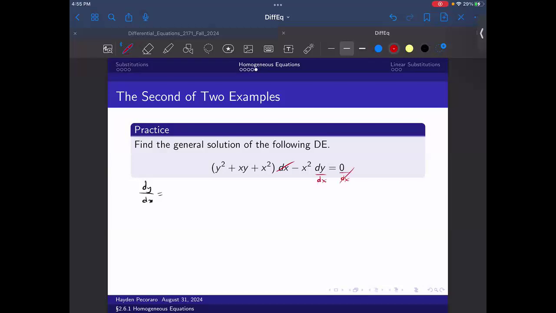And then on the right side, here I have minus x squared equals minus that stuff, so minus y squared plus xy plus x squared. Minus goes away, so I can ignore that part. And now I can divide both sides by x squared.